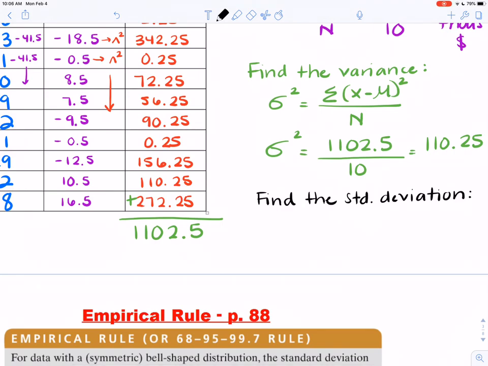So once I found variance, to get standard deviation sigma, all I have to do is take the square root of my variance, all right, the 110.25 that I just calculated, and that's going to give me a standard deviation of $10.5 thousand.